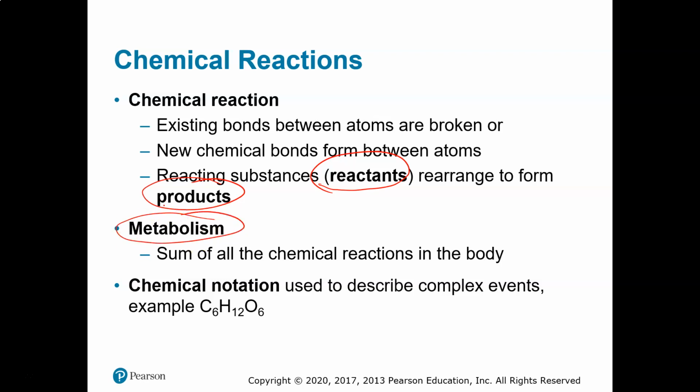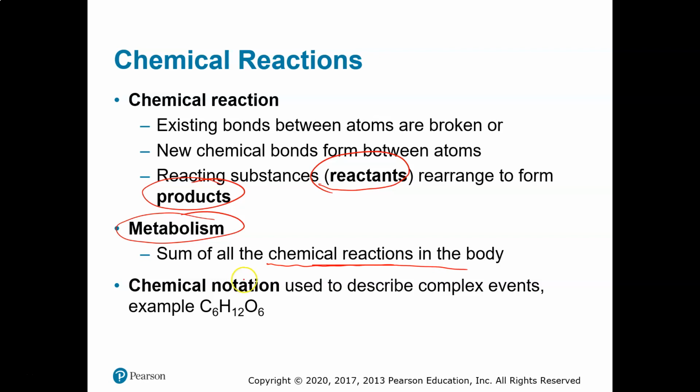You probably heard it in relation to your body weight. Usually someone who is heavy has a slower metabolism. Someone who is thin maybe has a faster metabolism. But metabolism actually means the total of all the chemical reactions in the body. And chemical notation is used to describe complex events.